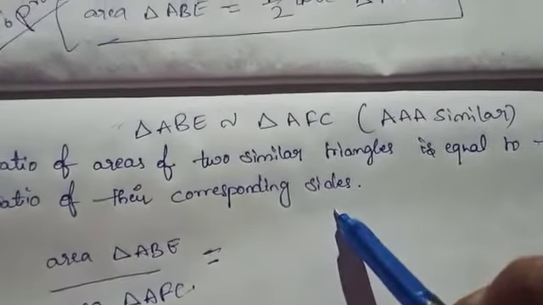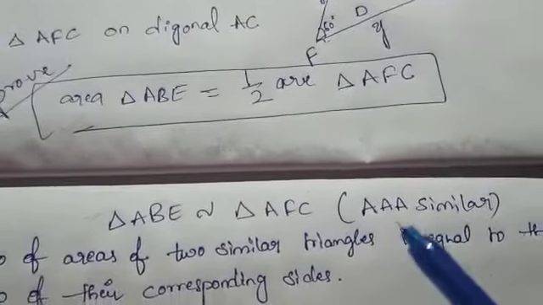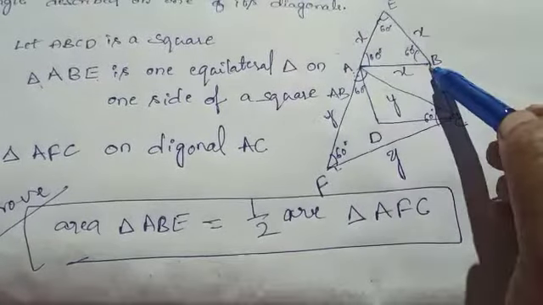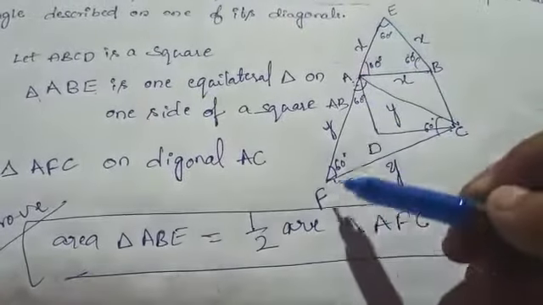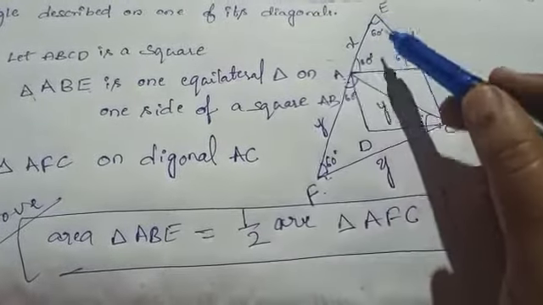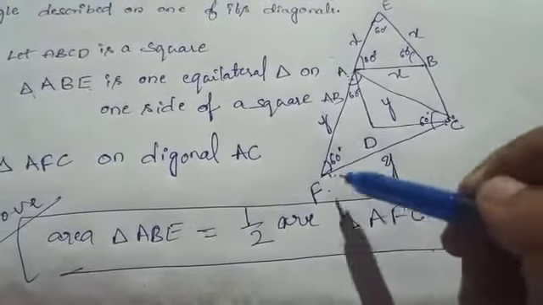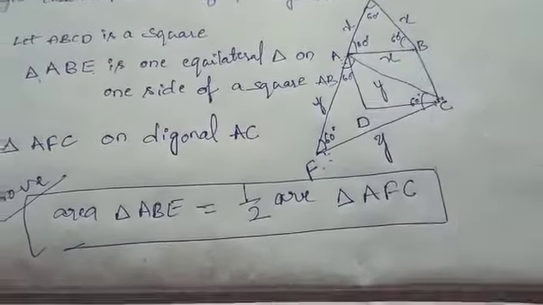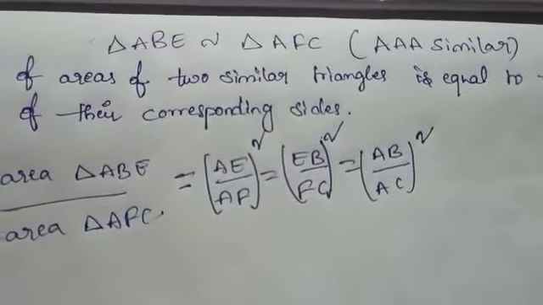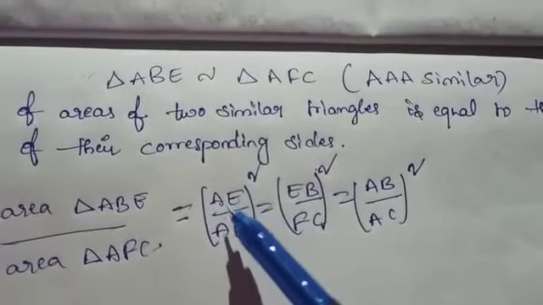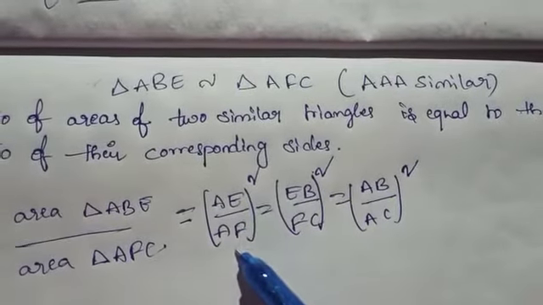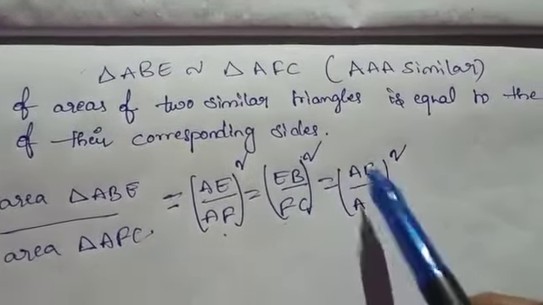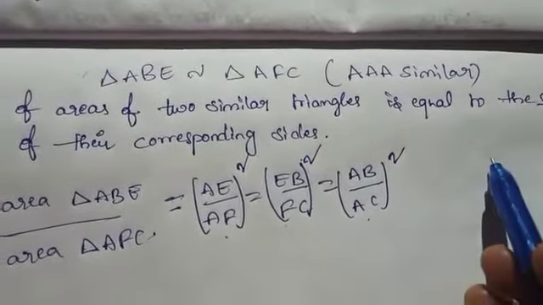Corresponding sides are AE by AF equal to EB by FC, which is equal to AB by AC. Square of the ratio of the corresponding sides: AE by AF whole square equal to EB by FC whole square equal to AB by AC whole square.